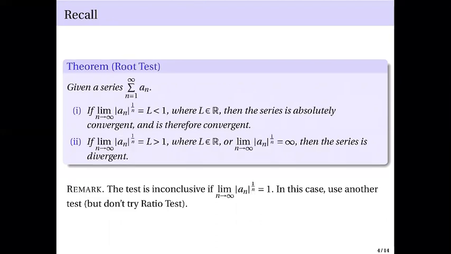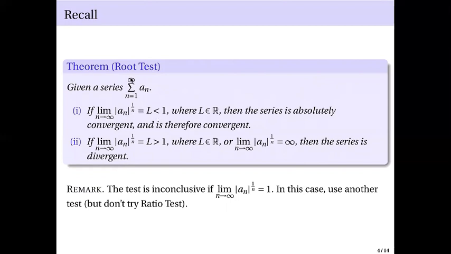The last theorem that we need to recall is called the root test. Okay? So here we are given a series, a sub n. Now, if the limit of the absolute value of an raised to 1 over n is a real number that is less than 1, okay?